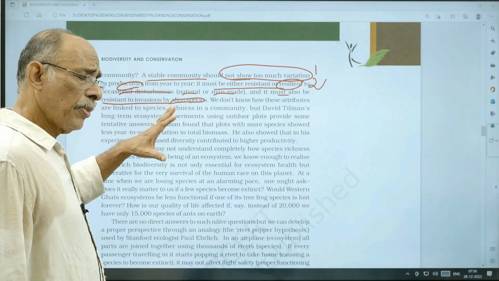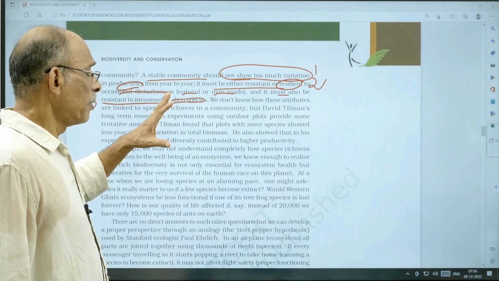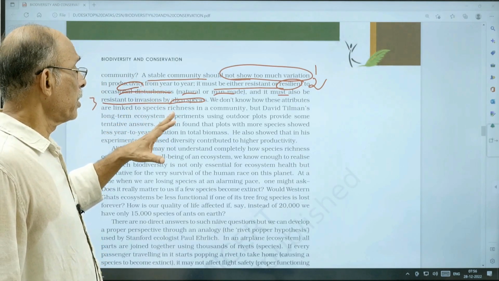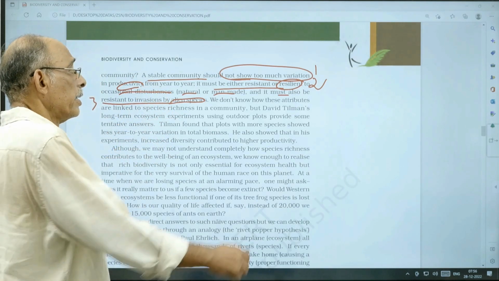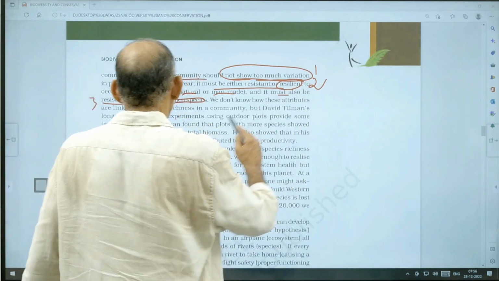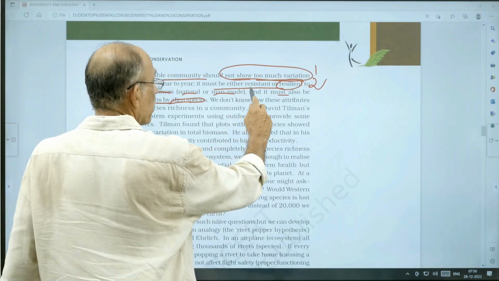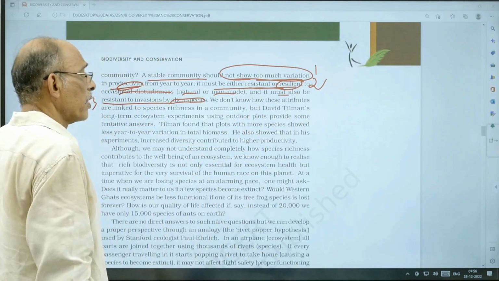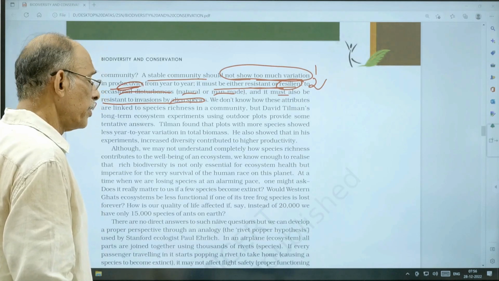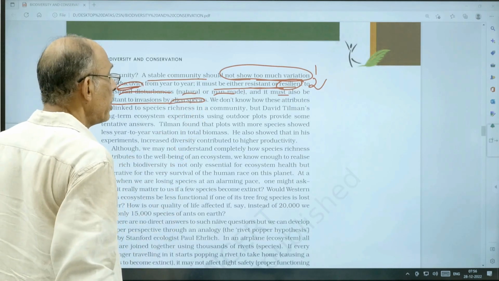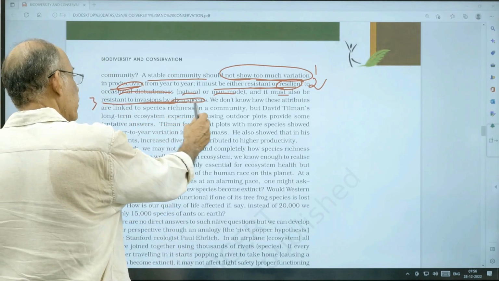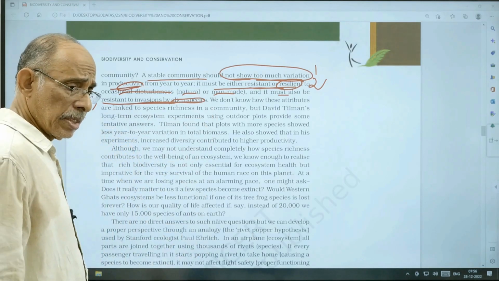A community with more species is more stable, and the 3 features are: it should not show much variation in productivity; it is either resistant or resilient to occasional disturbances, whether natural or man-made; and it must be resistant to alien species invasion.